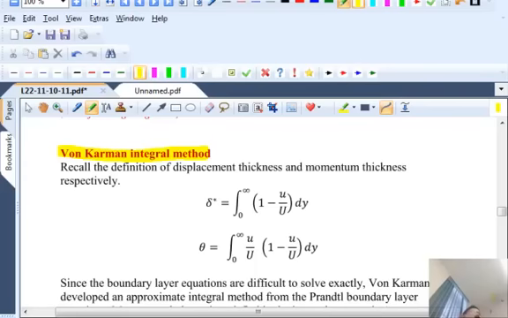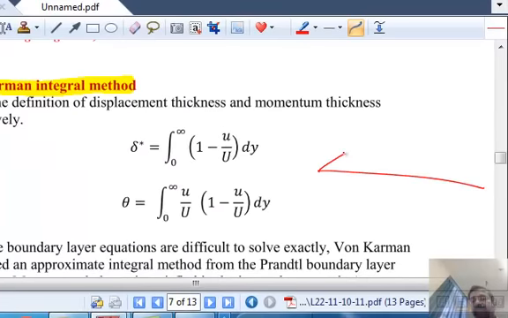And he used this idea of an integral method. The basic idea is the following. If I have a boundary layer with x1 and x2, I'm going to take a control volume and look at the momentum that is coming in at the entrance. So I'm going to integrate across the total momentum.